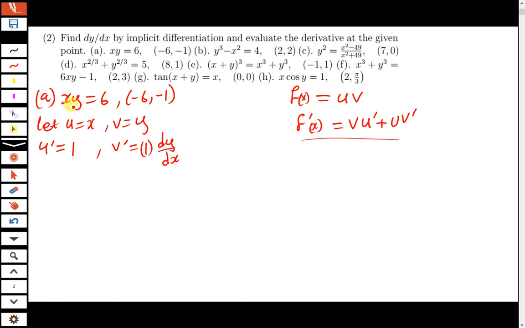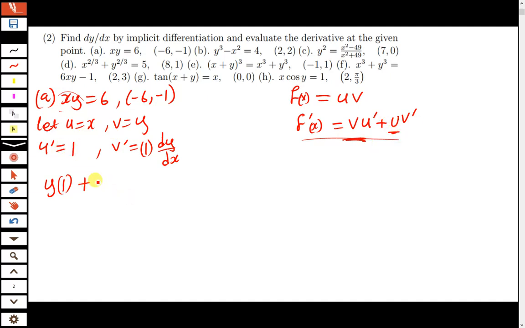Differentiating the first part, we are going to say our u, and my v is y. So we have y times u prime, and u prime is 1, plus u times v prime.